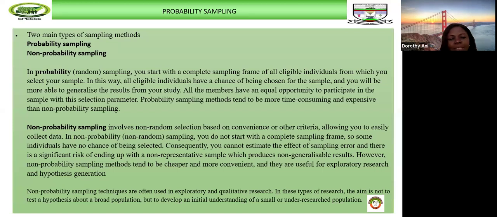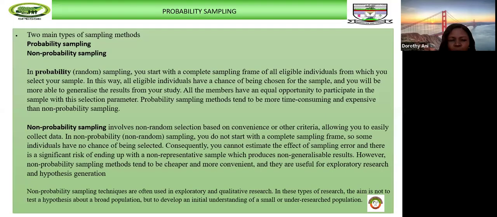So in probability or random sampling, you start with a complete sampling frame of all the eligible individuals from which you select your sample. You can see the sampling frame has featured again. So you get a sampling frame of all the people that are eligible to be in your population, to be in your study. So in this way, all eligible individuals have a chance of being chosen for the sample.